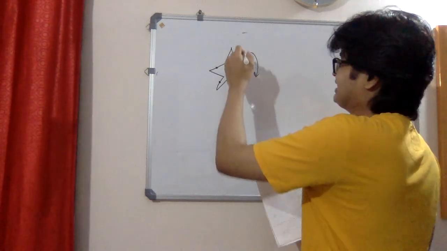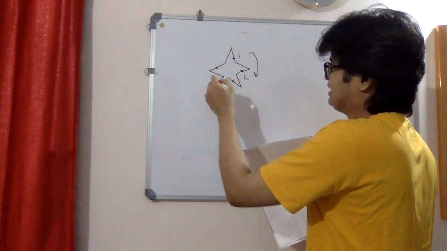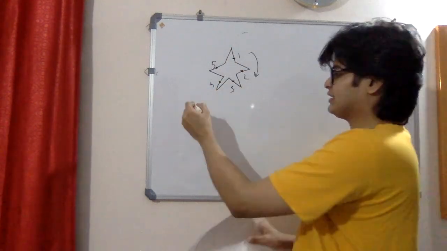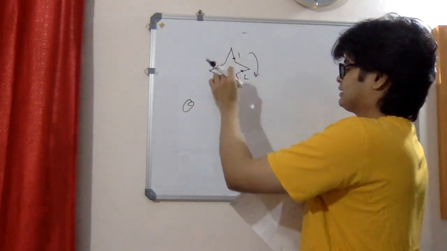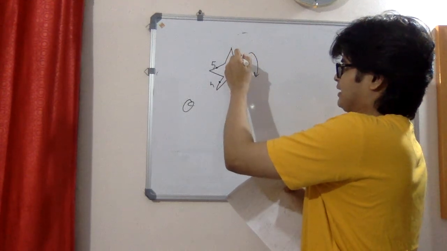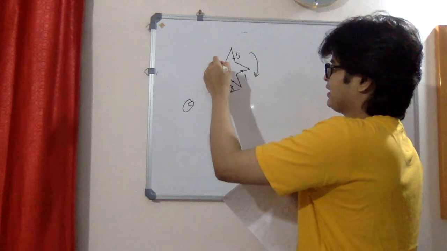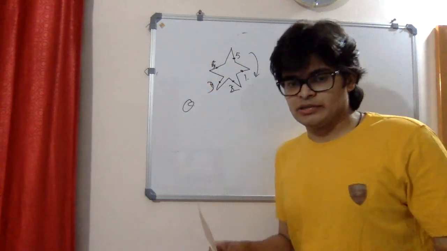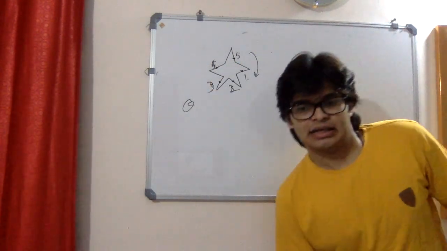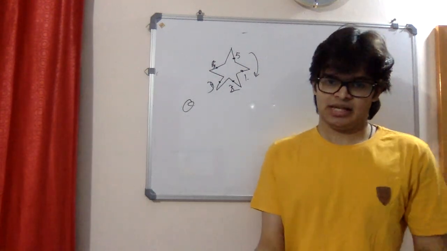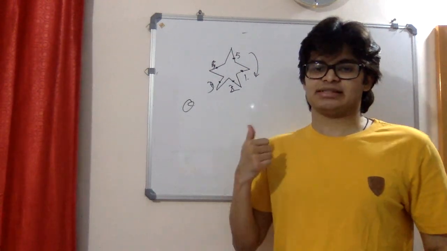For example, 1, 2, 3, 4 and 5, after a rotation by a specific angle theta, the places are swapped as 5, 1, 2, 3 and 4. So as you can see, although this star has gone through a transformation, the shape is unchanged.